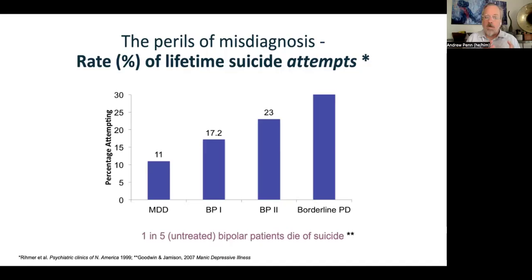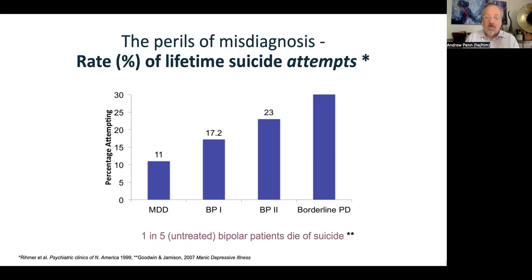But this is why it's really important to get this right. The other reason is that when we treat bipolar patients as if they have major depression and we throw a lot of antidepressants at them, at best, it doesn't work very well, and at worst, we actually make them worse. We can initiate mixed states or sometimes more frequent cycling. Antidepressants, especially without a concurrent mood stabilizer, a second messenger modifier drug, often cause more problems than they help.